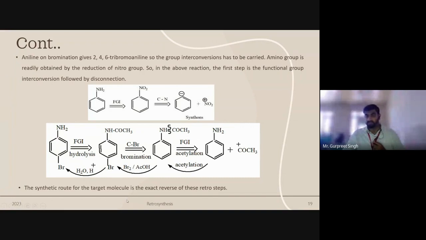So first, we are protecting this group with the acetyl group to convert it into acetanilide, and then we perform the bromination using bromine in acetic acid, which leads to 4-bromoacetanilide. And then finally, we perform the hydrolysis. Through hydrolysis, we remove this acetyl group and reach our final compound, 4-bromoaniline.